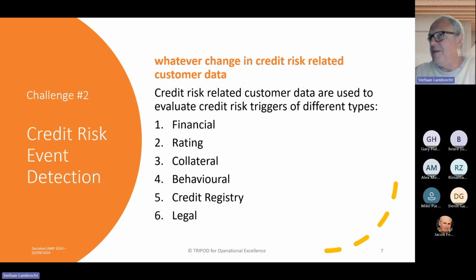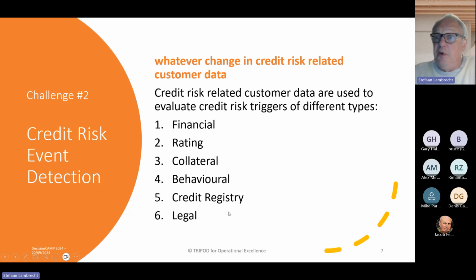It can be a hard hit. A hard hit is really something going wrong, and then also the regulator expects that you report that immediately and that you take action on it. If it is a soft trigger, then it depends a little bit on how many of these soft triggers are hit. But if a certain threshold is reached, then also you need to take action.